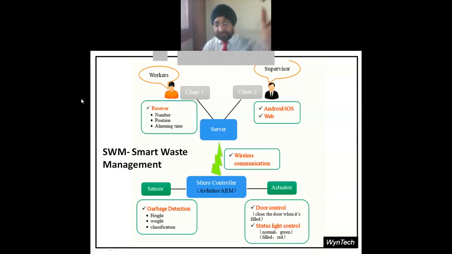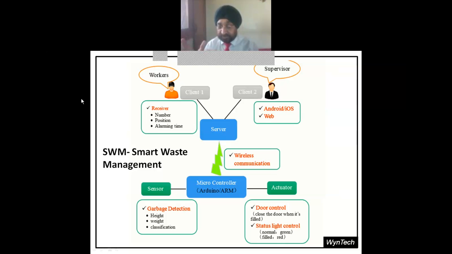Now on the top left hand side, you see the workers are there. Worker means a person who is responsible to clean the bin, right, or the collected garbage. Is a person, sanitary worker or worker. On the right hand side is a supervisor.